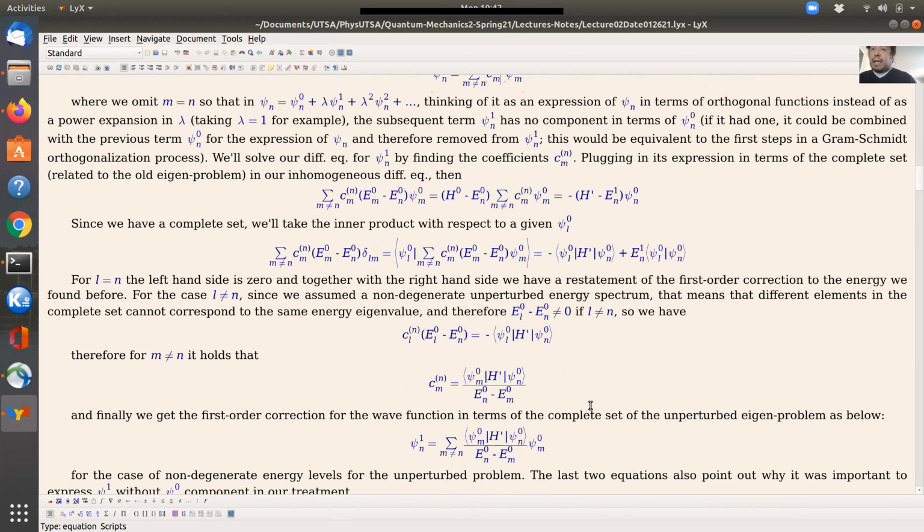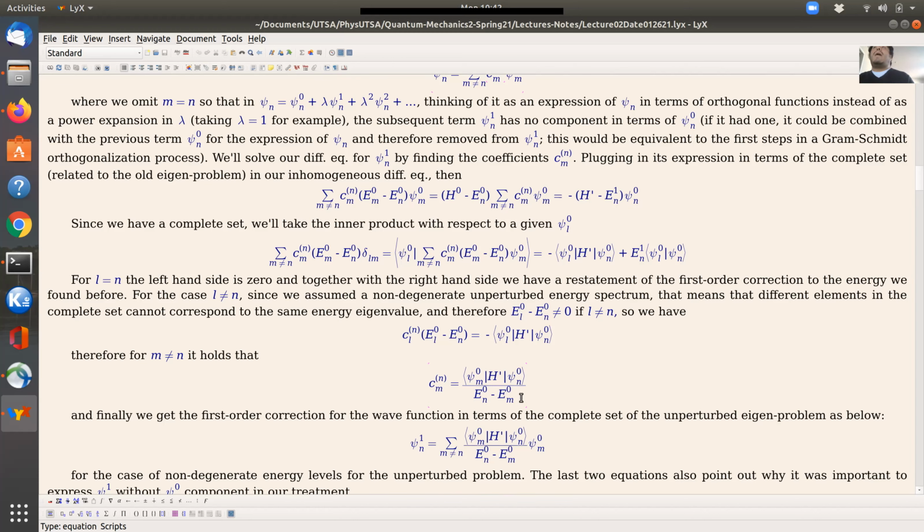And again, this is why the non-degeneracy becomes important, because now you pass it and it's dividing, right? I'm calling M or LM in this case, so it's nothing different. And we know that M is not equal to N, which is by assumption over here. And again, we have this difference between the energies in the denominator.